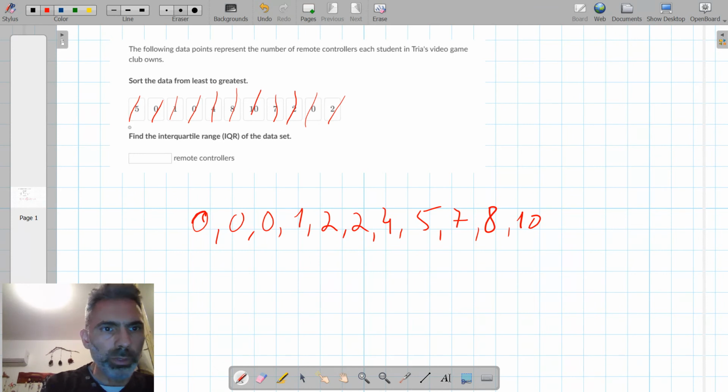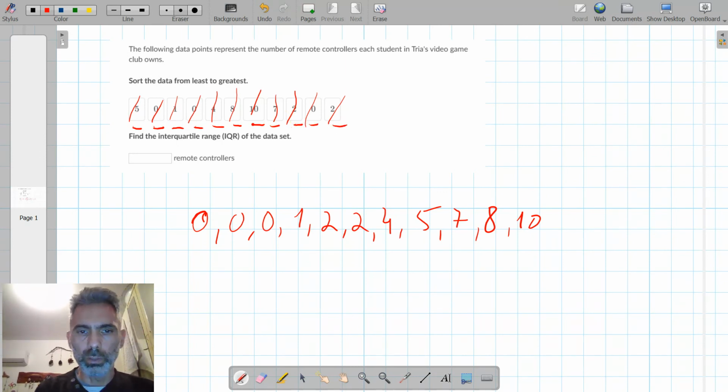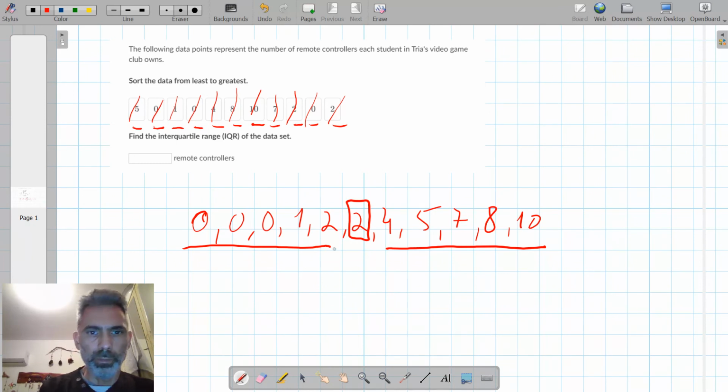Okay, how many data points do we have? 1, 2, 3, 4, 5, 6, 7, 8, 9, 10, 11. So it's an odd number of data points, so it means that we will have 5, this 1, 2, 3, 4, 5, and this is the median. So the median has 5 data points to the left and 5 data points to the right.